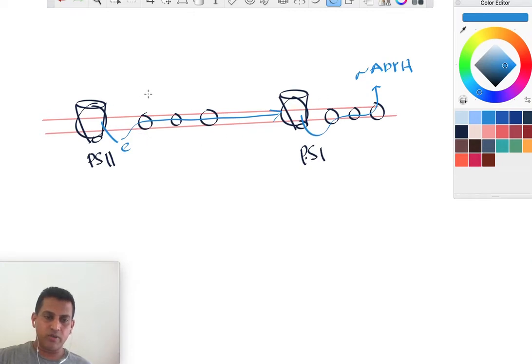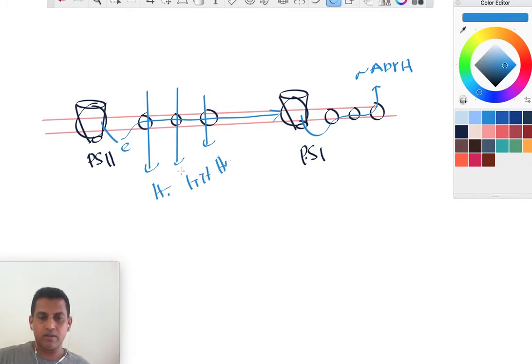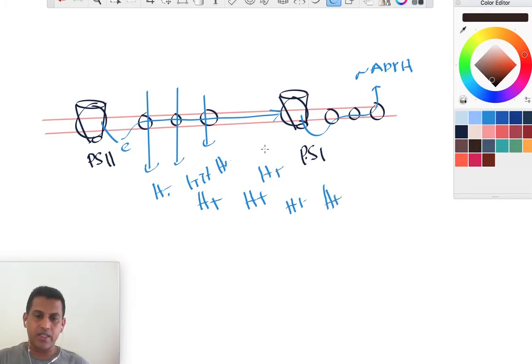As I told you before, hydrogen ions moved in. That means inside, the hydrogen ion concentration is going high. When the hydrogen ion concentration is high inside and low outside, that makes the hydrogen ion gradient.